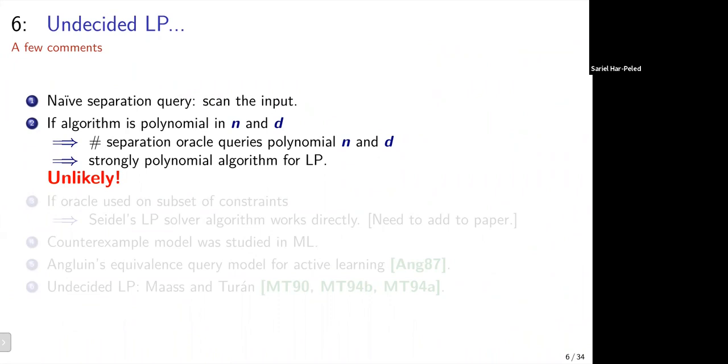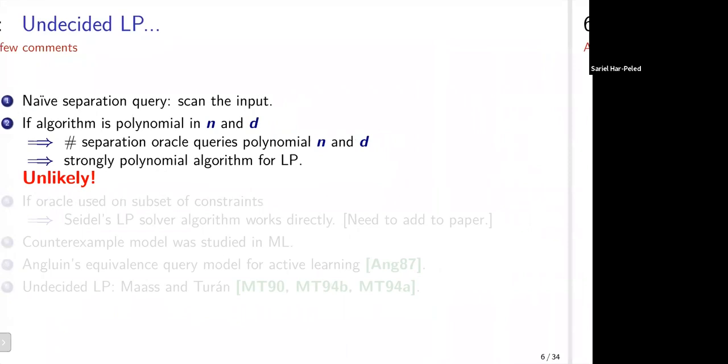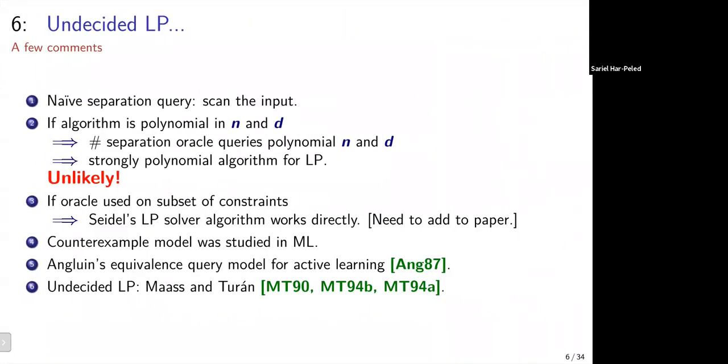It's a big open problem. At least strongly polynomial is widely open. So on the other hand, you have to be careful about what you allow. So if, for example, I allow the oracle query to be not on the whole set of constraints, but I'm also allowed to specify the subset of constraints I'm asking about, it's not hard to show that you can implement, for example, Seidel's LP algorithm in low dimensions and get linear running time.